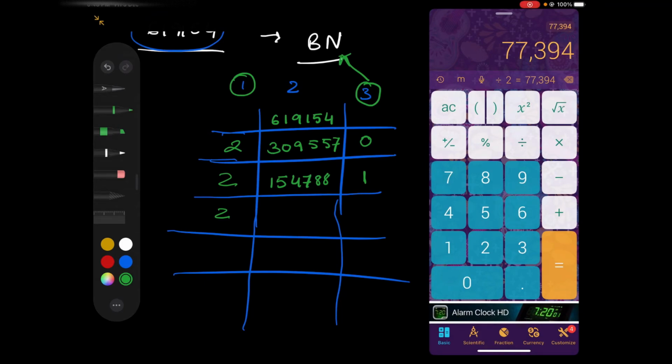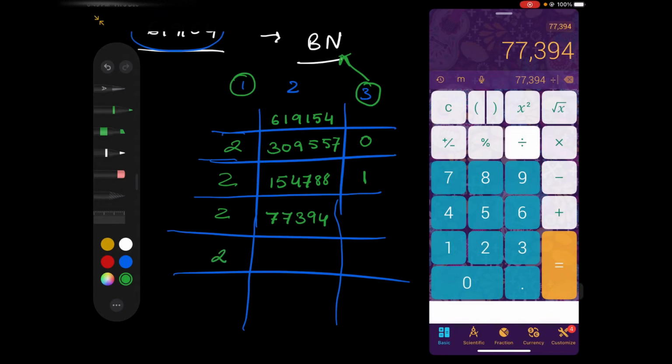Since we had that decimal and wrote 1 here, we simply cut off the decimal, so we don't include it here. Otherwise we will get a different answer. So we have to subtract that 0.5 and then divide it by 2. I already did it. We are going to write this number here and again divide it by 2.